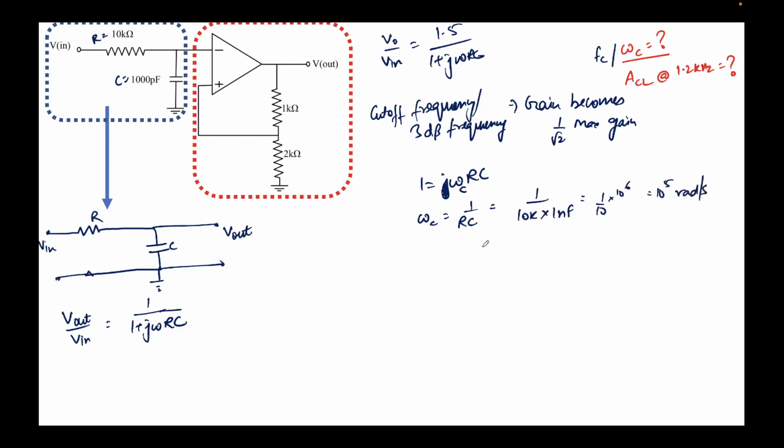But we were required in the question to find it in terms of hertz, so we'll write 2 pi fC, because omega C can be written as 2 pi fC, which is equal to 10 to the power 5. This will give me fC as 10 to the power 5 over 2 pi. Note that the units here will now become hertz.